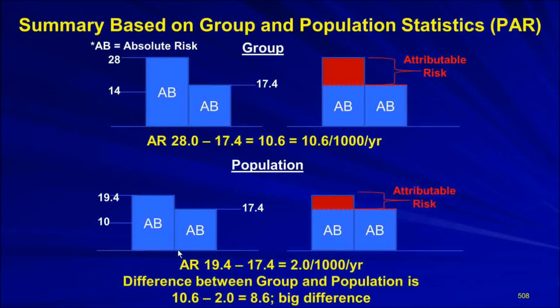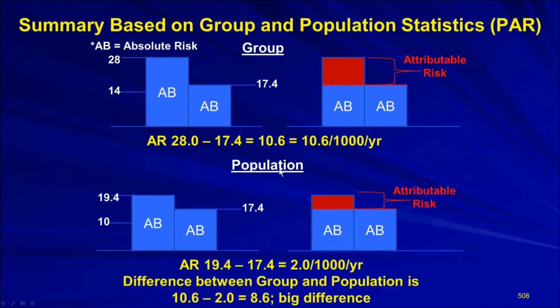Okay, now all we're doing is the same type of thing. Notice I'm doing a group versus population comparison in terms of attributable risk. This is always our baseline amount or our endemic state, and so when we take away that background, this was group data, we had 10.6 per 1,000 per year.